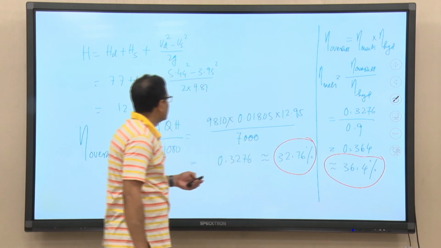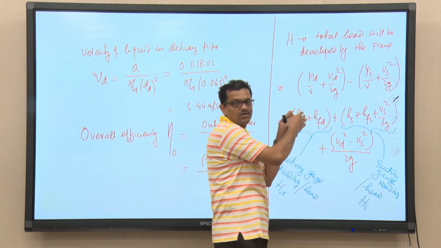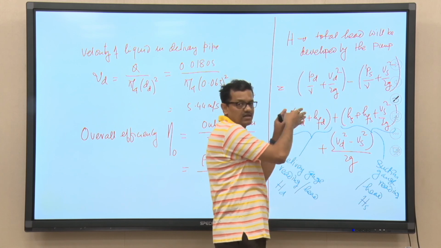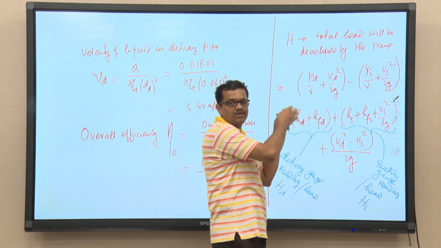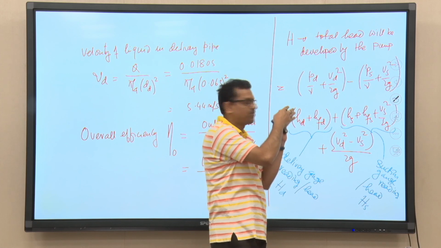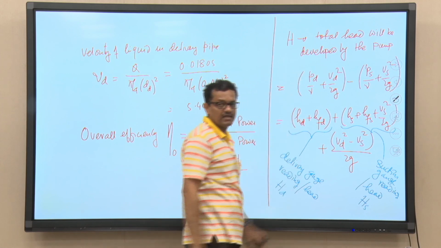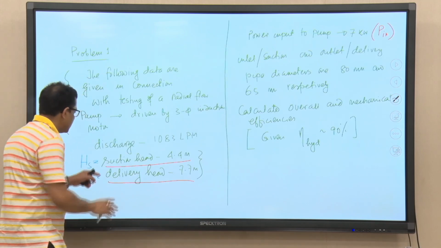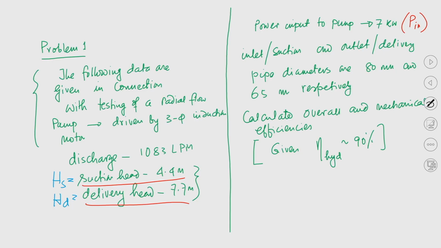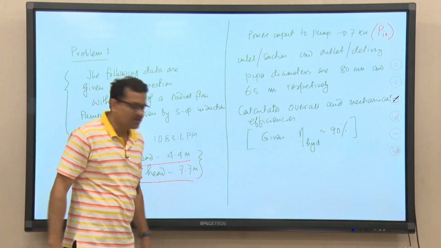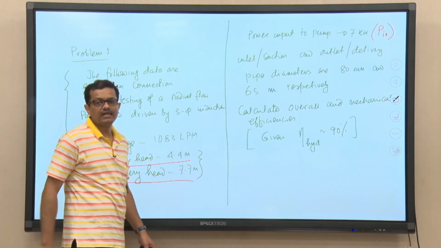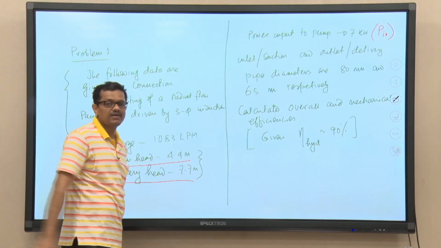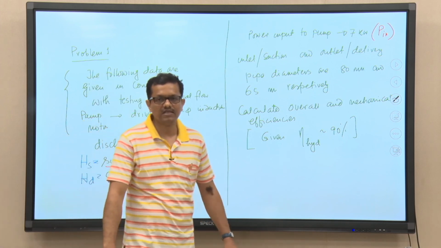From this calculation exercise, in the context of testing a radial flow pump, we can easily calculate the total head developed by the pump. What is important, and I would like to tell you again, is that please do not confuse suction head with suction height and delivery head with delivery height. That is why I have taken this example to solve in this class.